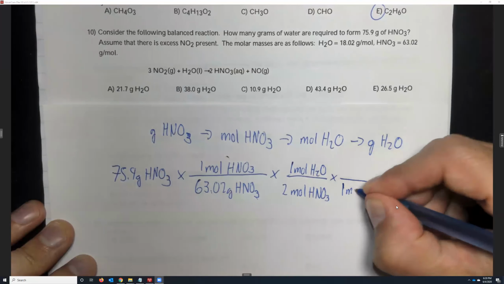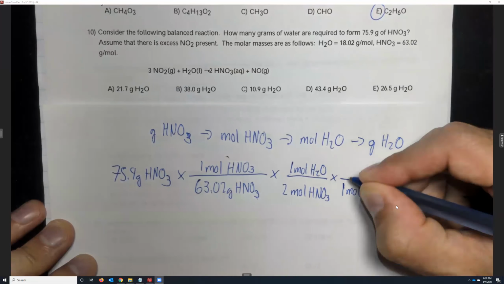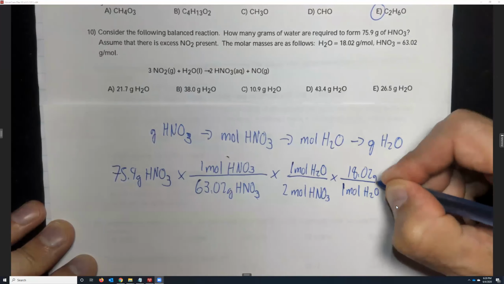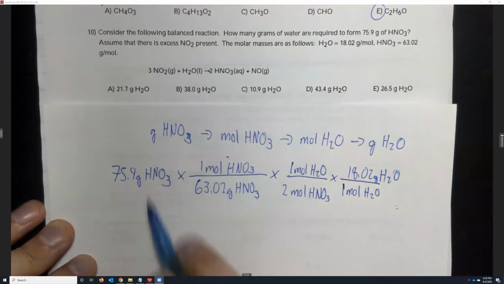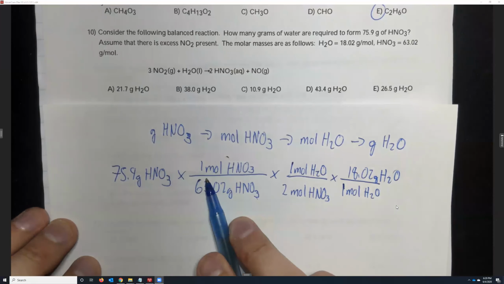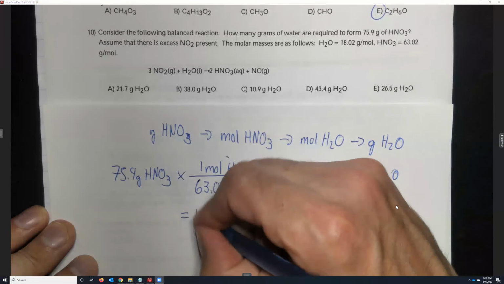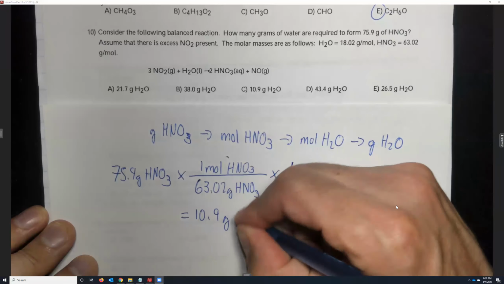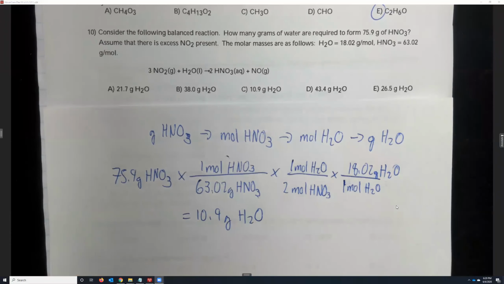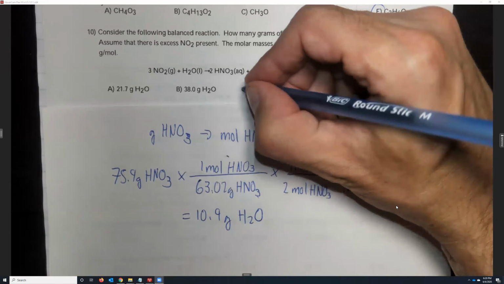So we put 1 mole of water on the bottom and the 18.02 grams of water on the top. Multiply by the top, divide by the bottom, repeat until the end. And when you do all the work, you get 10.9 grams of water, okay, which is choice letter C.